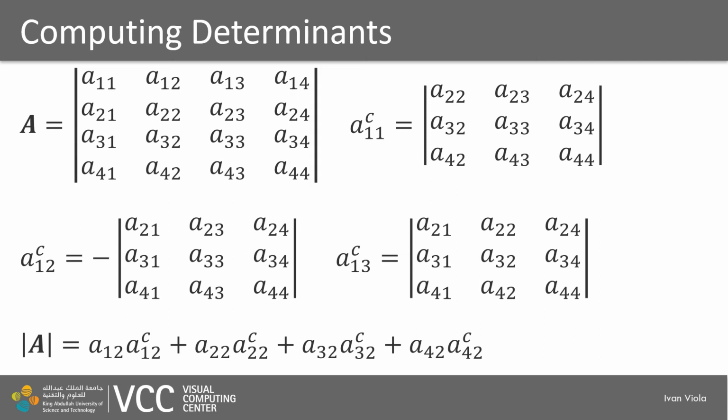a calculation which involves determinants of 3 by 3 matrices, actually 4 of them. After we calculate the determinants of these 3 by 3 matrices, we multiply them with the corresponding elements of our 4 by 4 matrix, and then we sum them up.